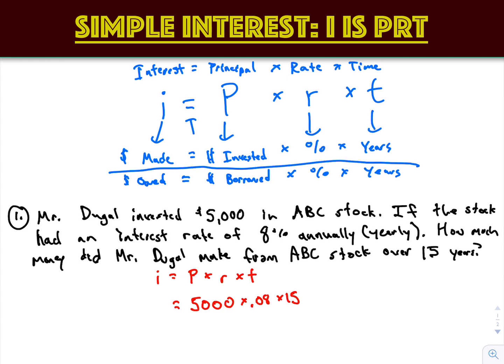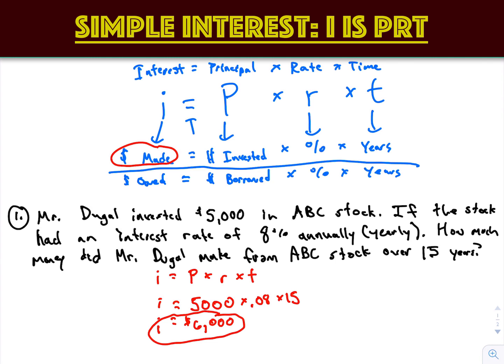Using our calculator, we find that amount to be $6,000. So I would make $6,000 in interest over 15 years by investing in that stock. So that's the amount that I would make. This is the first example when interest is a good thing.